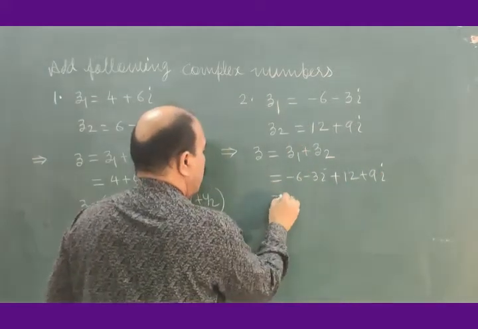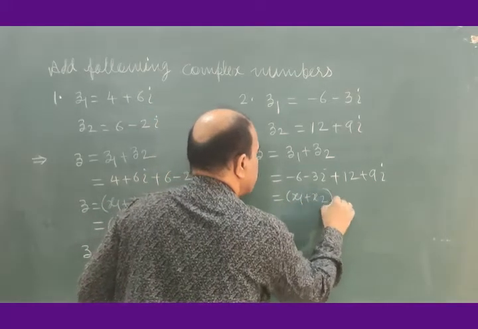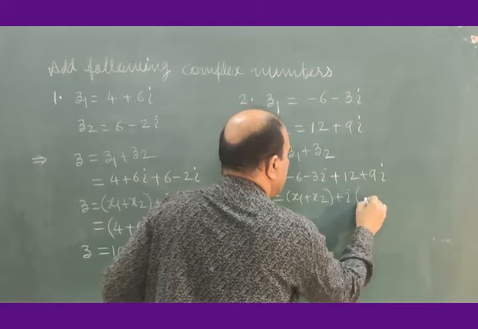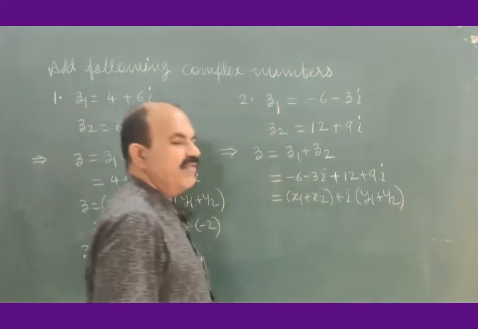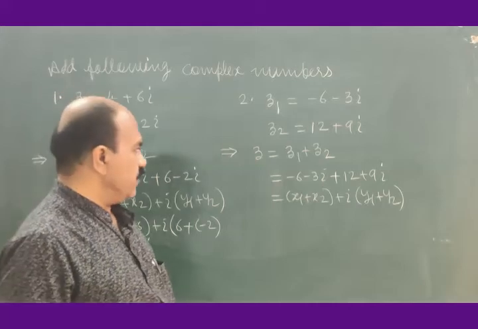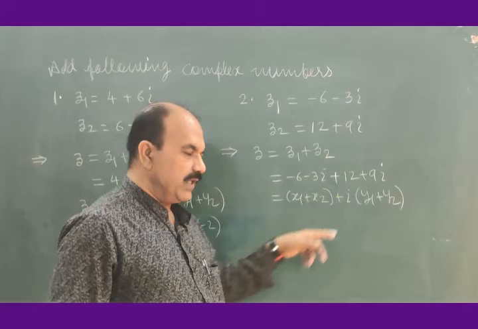What is the formula? (x1 plus x2) plus i into (y1 plus y2). What is x1? Minus 6. What is x2? 12.